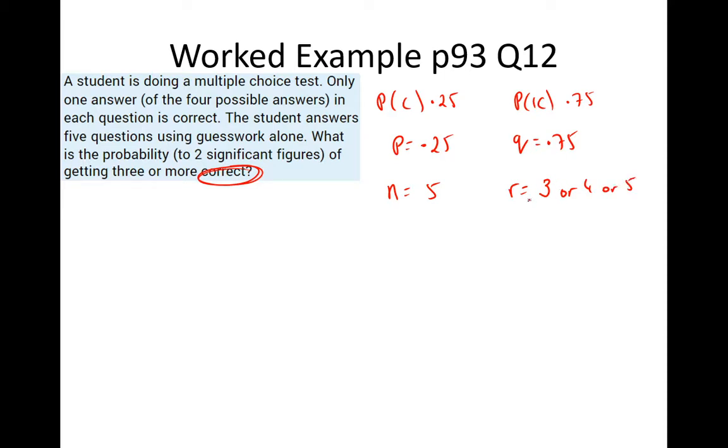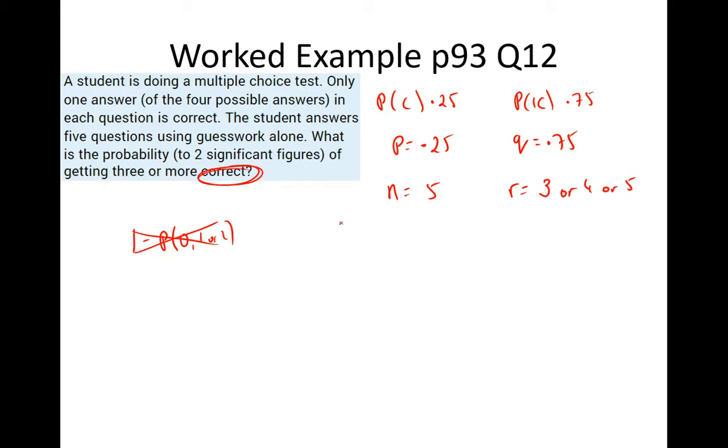You could work out the probability of getting 3 correct, then 4 correct, then 5 correct, and add them together. Or you could also have, if you wanted to, 1 minus the probability of getting none, 1, or 2 correct. Now, that's up to you, whatever you want to decide yourself. I'm just going to stick with what's here. Okay? So, what is the probability to 2 significant figures of getting 3 or more correct?